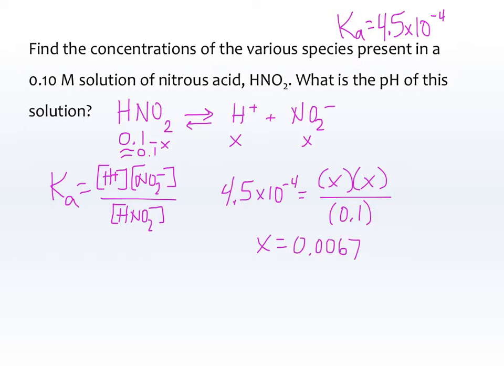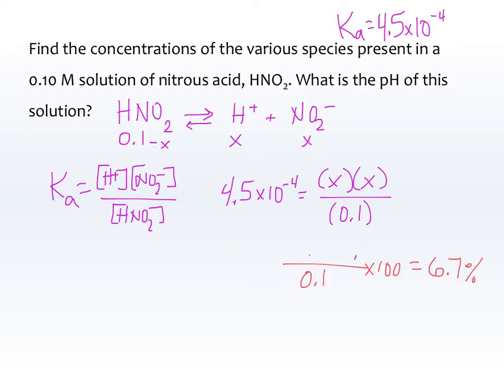To ensure that X really was negligible, I'm going to find the percent ionization, which involves taking that 0.0067, dividing it by the original, times 100, and I end up with, oh dear, 6.7%, which is greater than 5%, which means the X is not negligible. I cannot make an approximation.